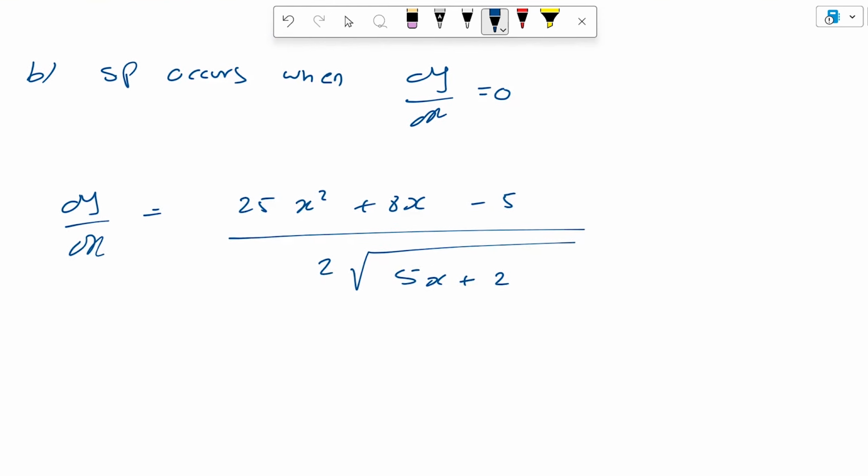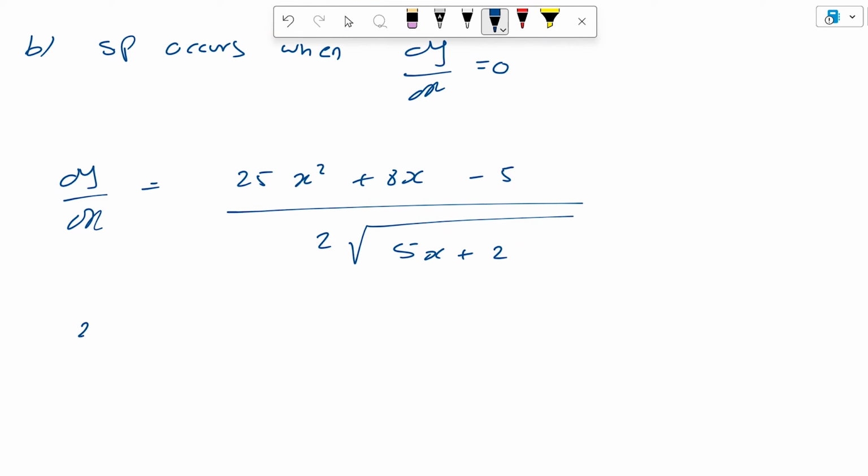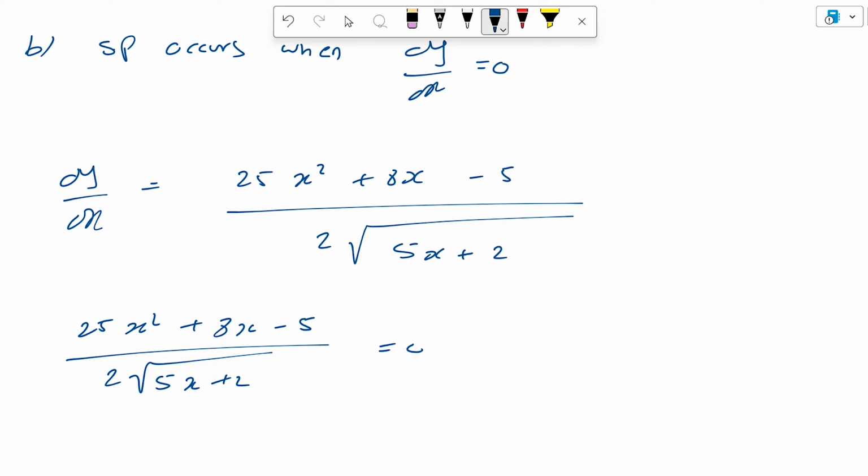Now let's just equate this equation to 0. 25x squared plus 8x minus 5 over 2 square root 5x plus 2 is equal to 0.